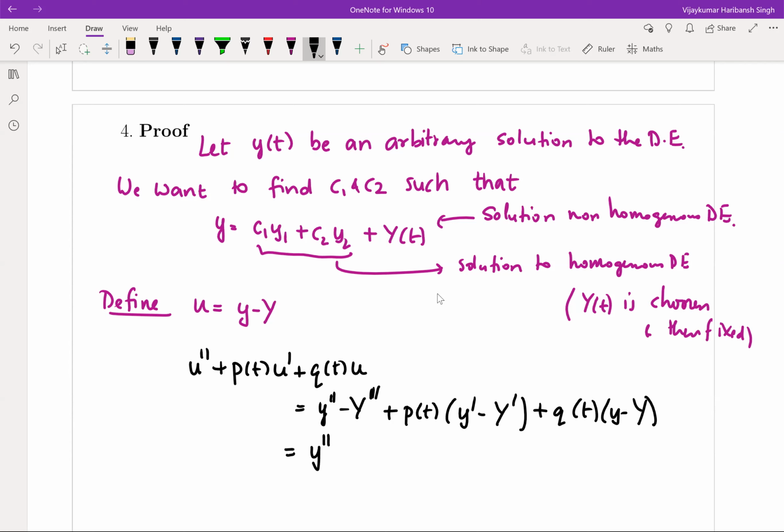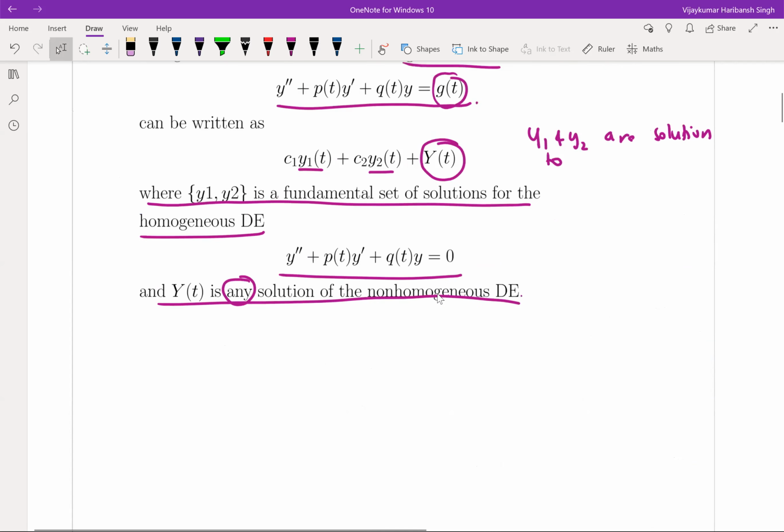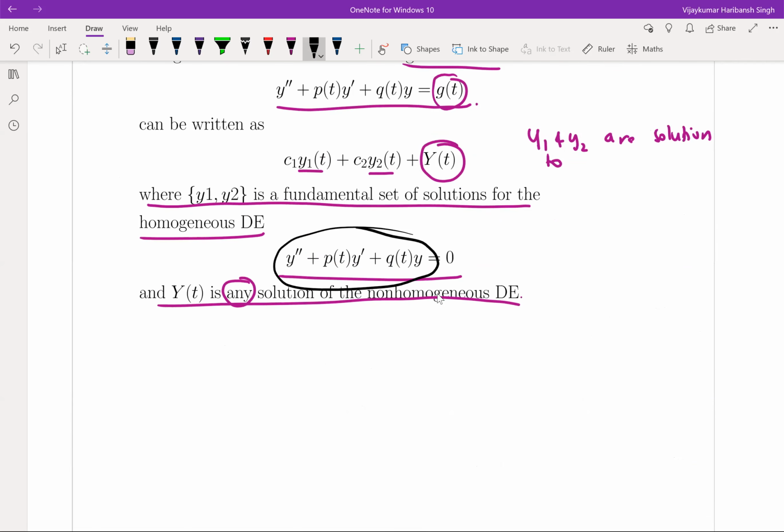We have y'' + p(t) y' + q(t) y minus Y'' + p(t) Y' + q(t) Y. Now y is a solution to this equation, and capital Y is also a solution to this.